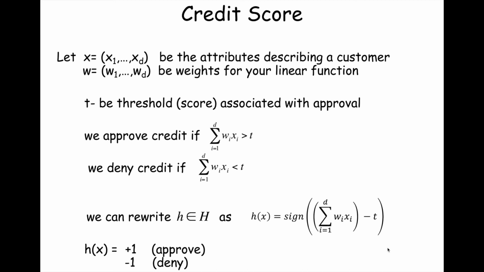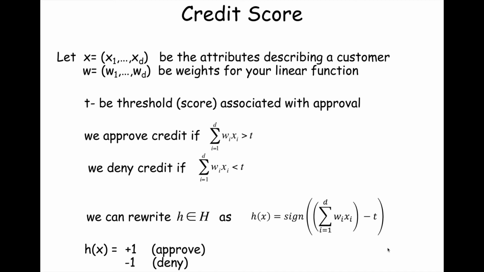So we just said the sum i goes from 1 to D of wi xi is greater than threshold T. Well, this is an expression. We have our inequality greater than, and we have T on the right-hand side of this inequality. So what can we do? We can subtract T from both sides of this inequality.